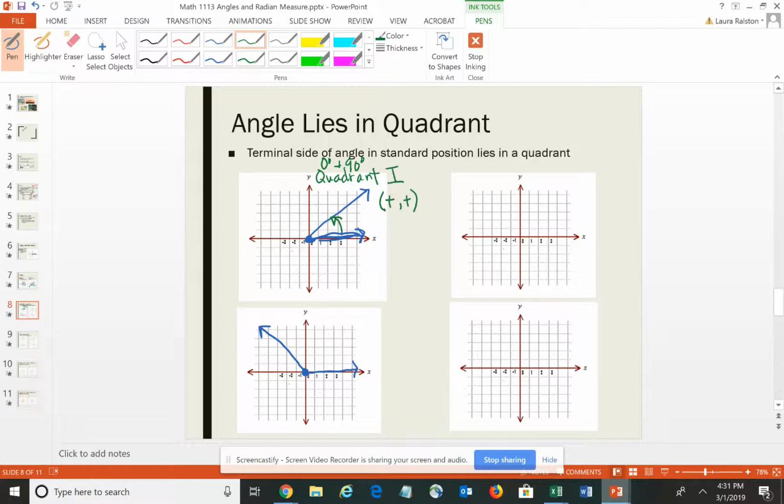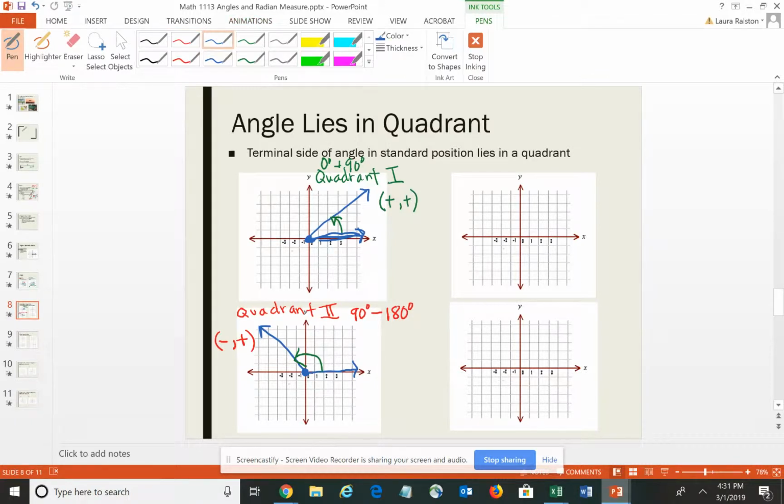So again, I can rotate here counterclockwise, and this time I end up in the second quadrant. Top left is quadrant 2. Remember, in that quadrant, you're going to have a negative x value and a positive y value. In terms of angles, you would have between 90 degrees and 180 degrees.